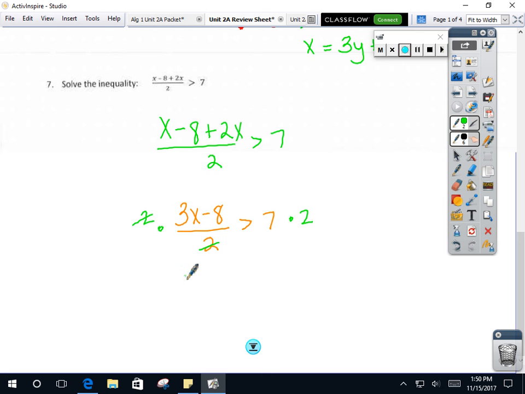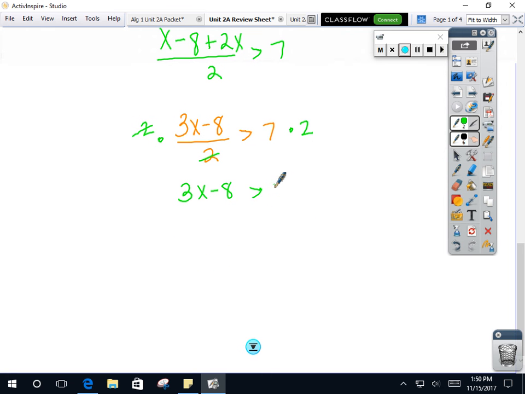2 over 2 is 1, so it just leaves 3x minus 8 is greater than 7, and now what do we do? Add the 8, additive inverses, and now you have 3x is greater than 22.